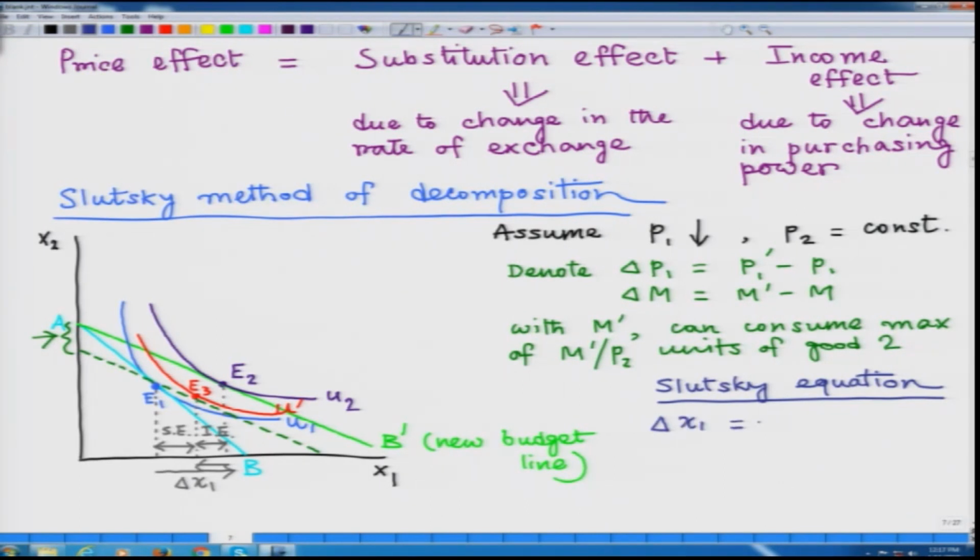Now, the Slutsky equation, or sometimes it is also called an identity: we can have delta x S1, that is the substitution effect, the change in quantity consumed due to the substitution effect, plus the change in quantity consumed due to the income effect.